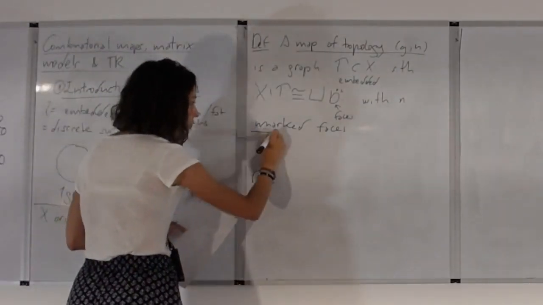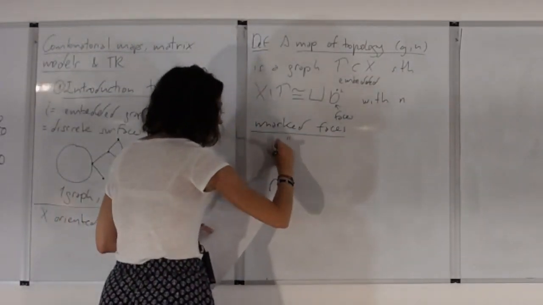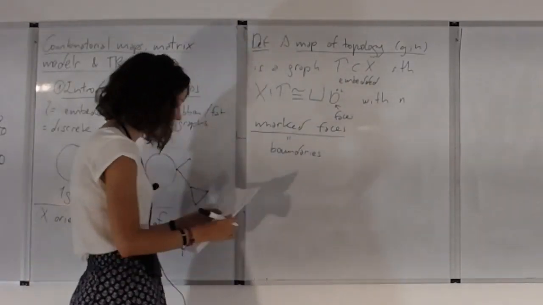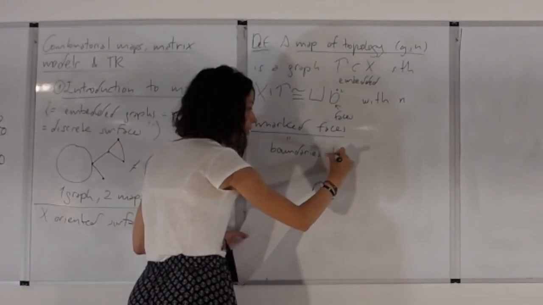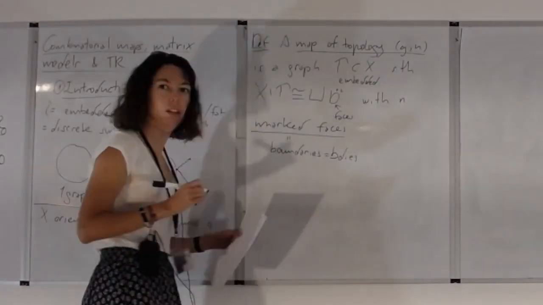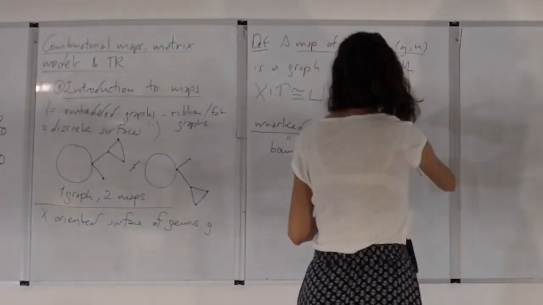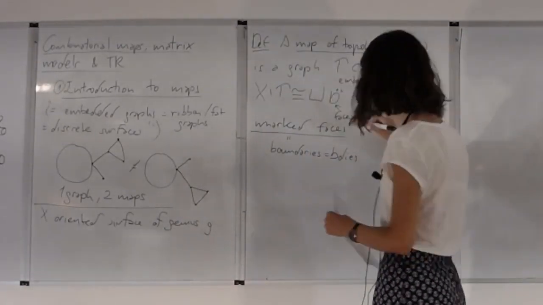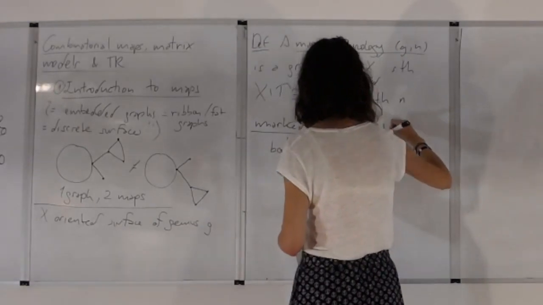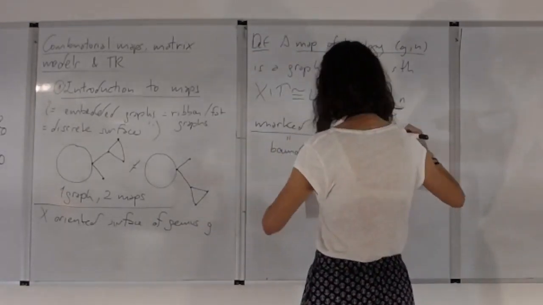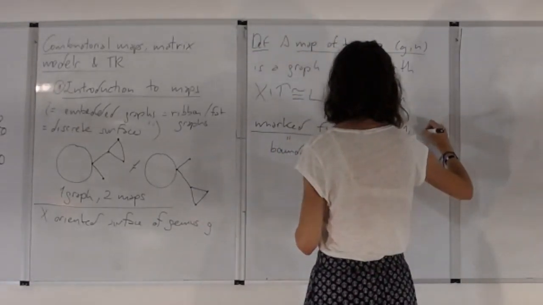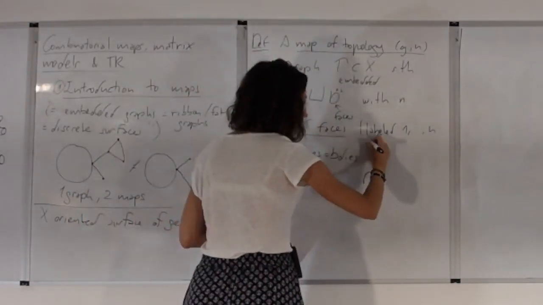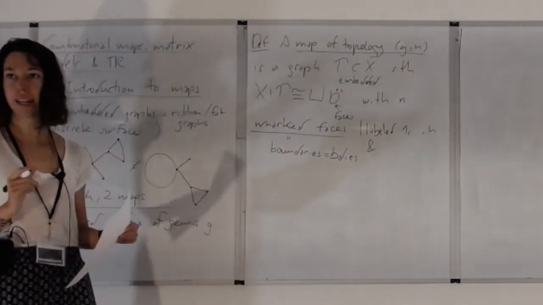By the way, marked faces will be called all the time boundaries, which I very often write like this. I'm a bit lazy writing. And the way to mark these faces is we label them from 1 to n. So they are ordered. And we also mark one of the edges.